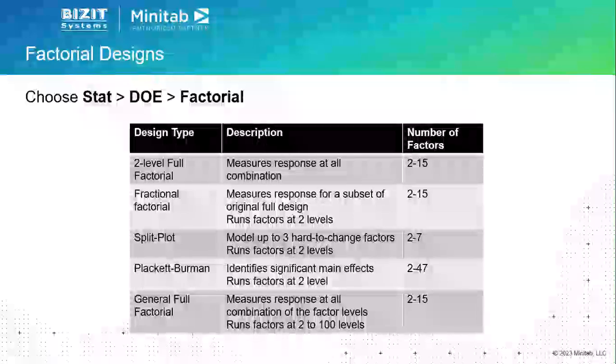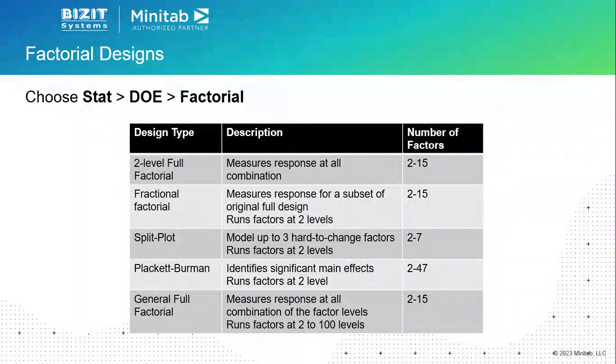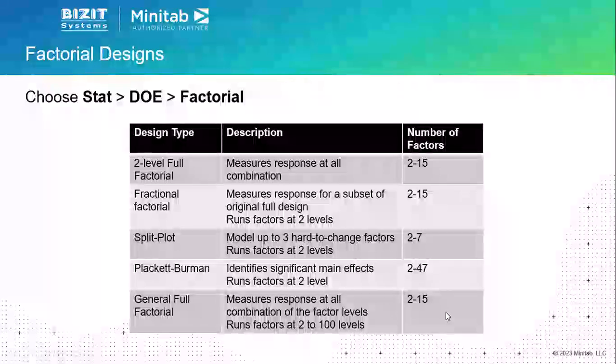The design type here depends on the number of factors. For example, if you state 2 levels only, you proceed with the 2-level full factorial. But if you have 3 levels, you can proceed with the general full factorial. All of this is available in Minitab statistical software.